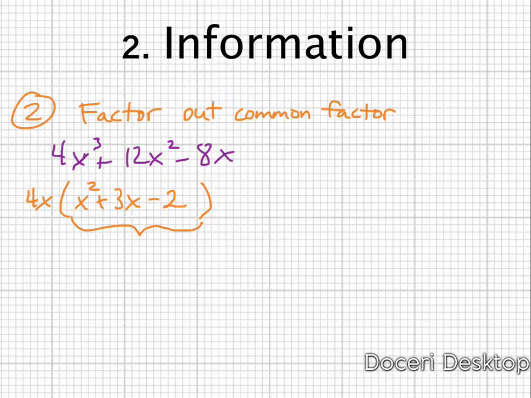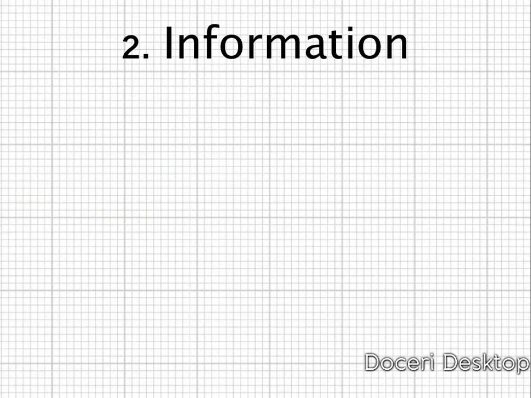Okay? So, real quick, another example: 3x cubed minus 12x squared plus 15x. You might want to pause the video here if you want to try it on your own. That might be a good idea, to help you try it and then check it with my work that I'm going to do here.